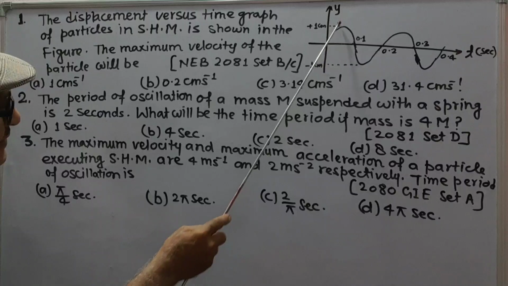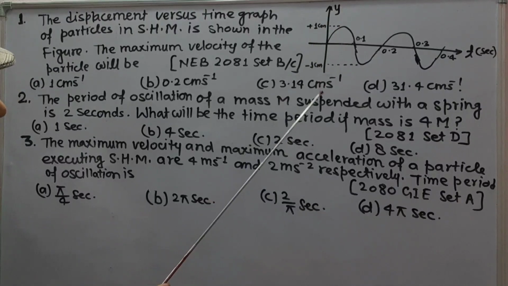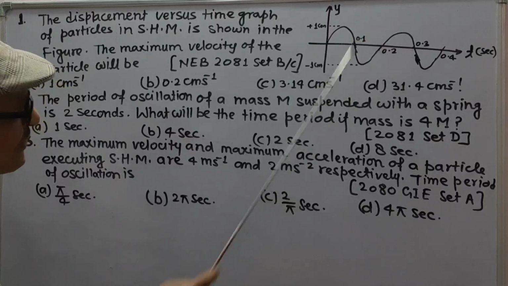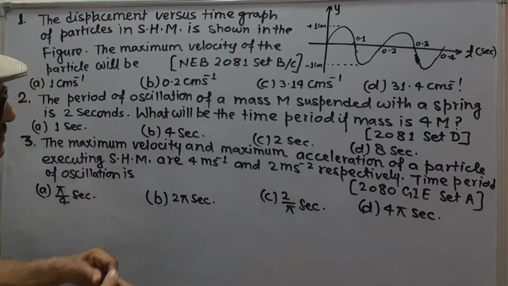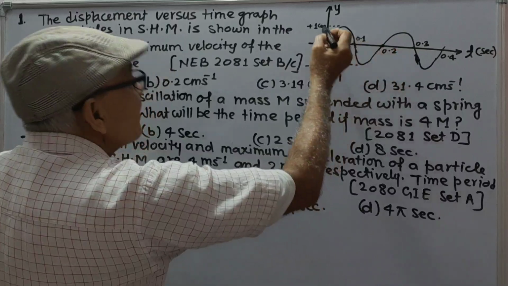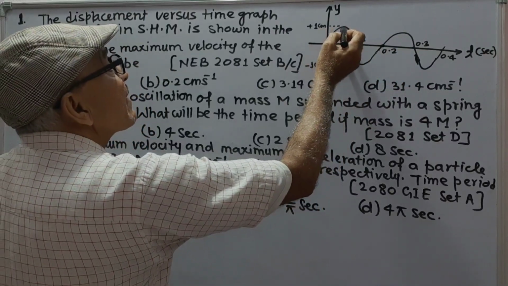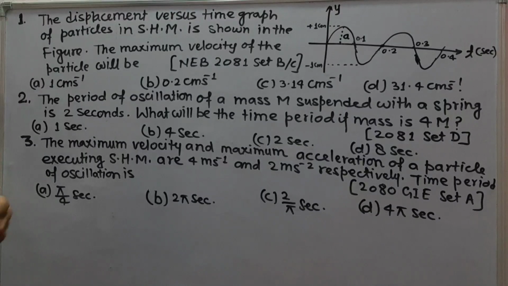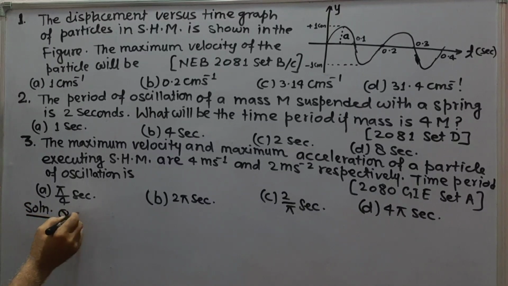Amplitude of the particle is 1 cm and time period is 0.2 second. Time taken in one complete cycle is 0.2 second, and maximum displacement from mean position is a is equal to 1 cm.